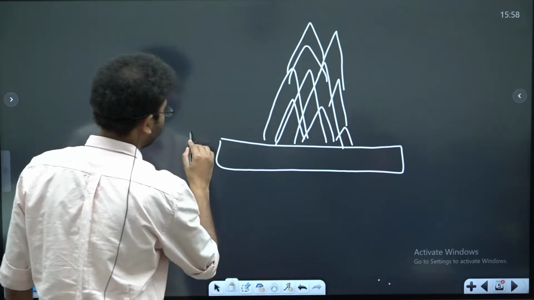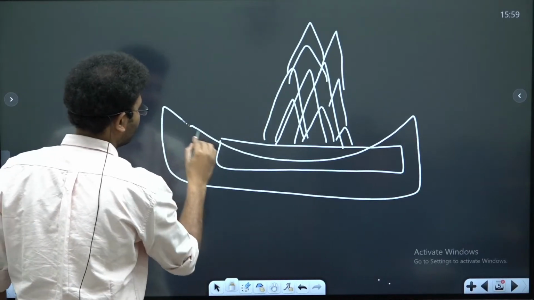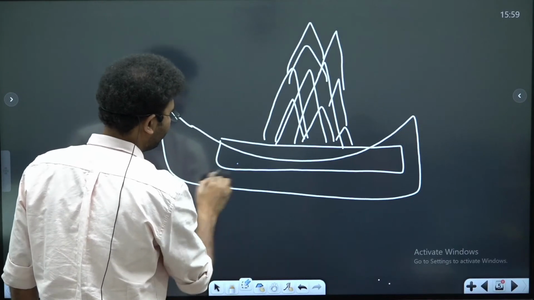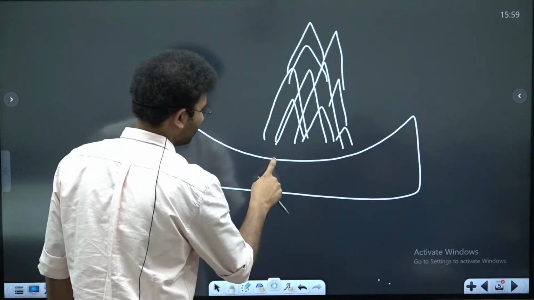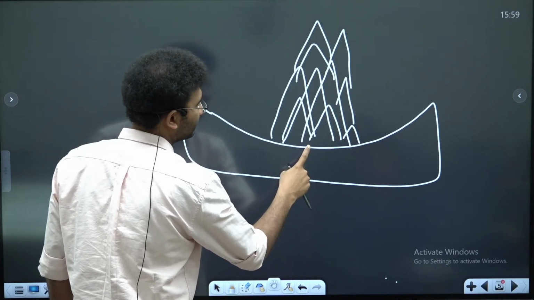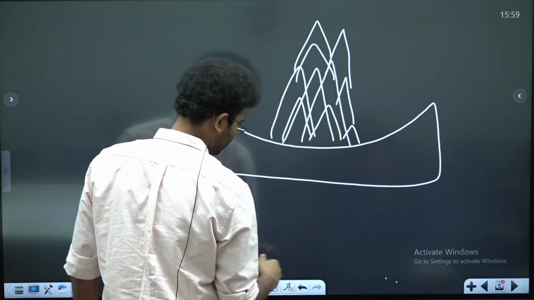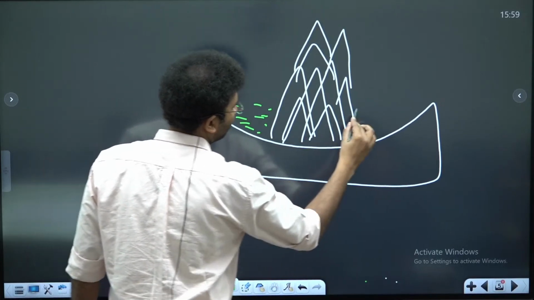It is this curve. So simply, it will curve itself, and these curves are called foredeeps.